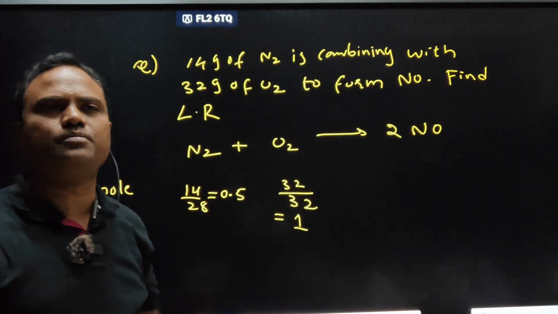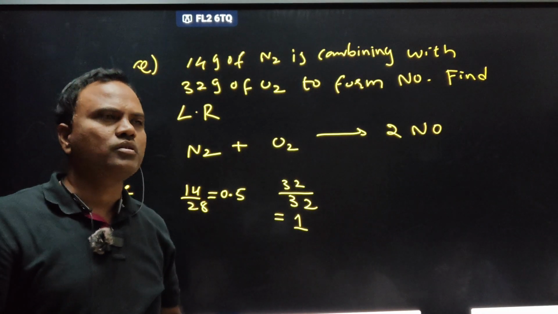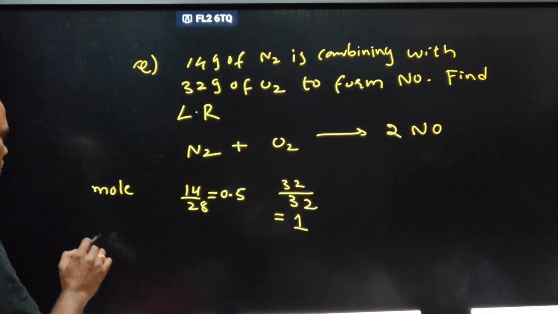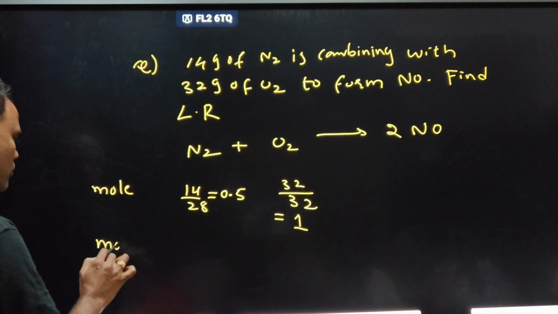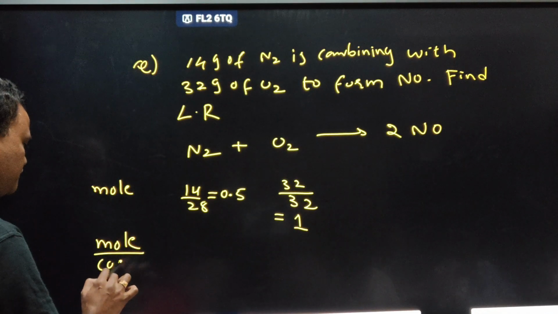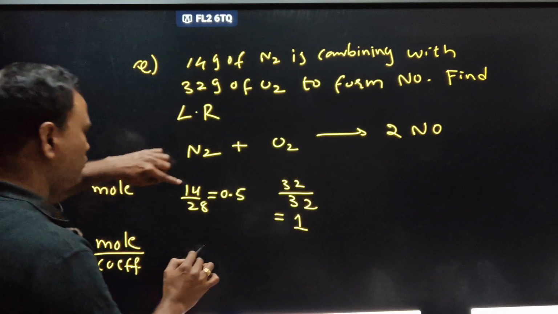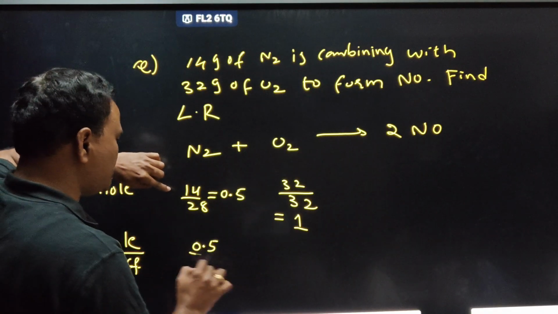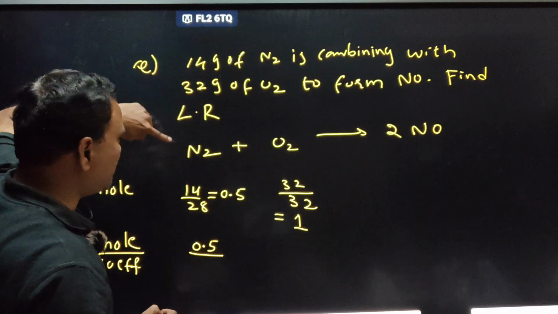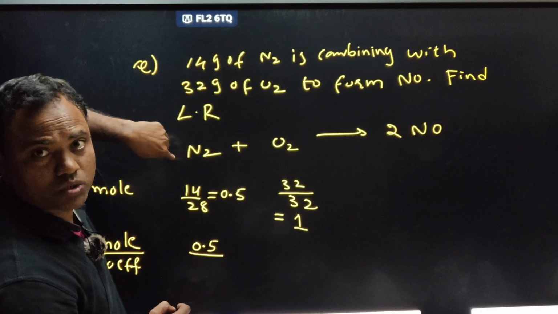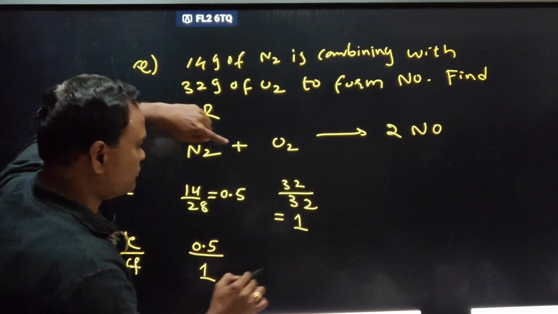What is the next step? Mole by coefficient. What is mole? 0.5. What is the coefficient of N2? In front of N2, 1. So 0.5 by 1 is 0.5.